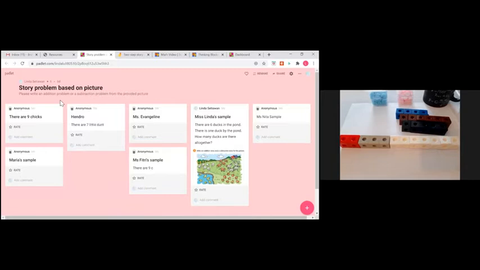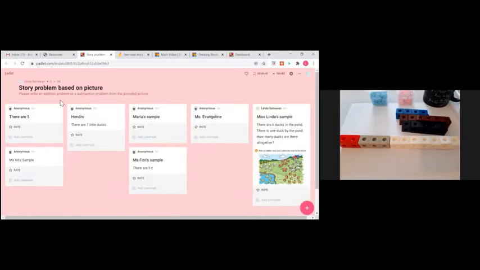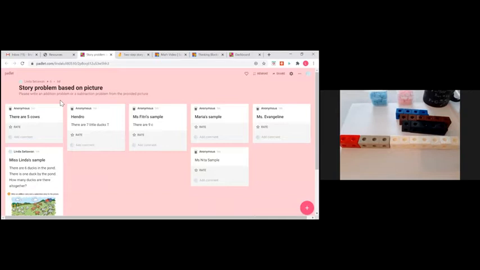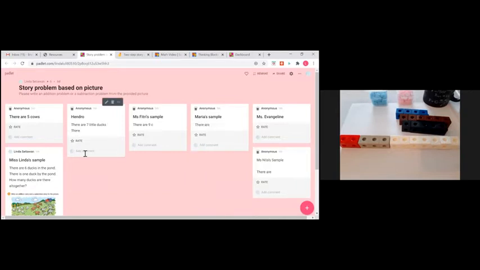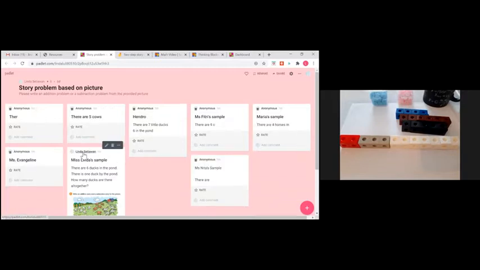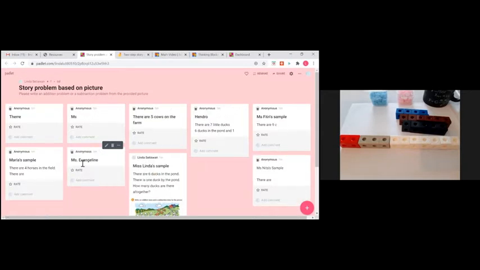Let me wait just a few moments so everybody feels comfortable enough to finish their problems here. It can be addition or subtraction problem. Keep in mind that this is equivalent to grade 2 level. So that's why we are still talking about addition, subtraction, simple problems.